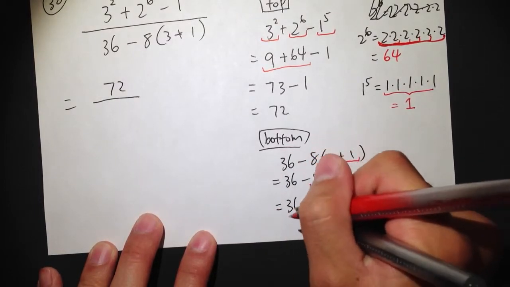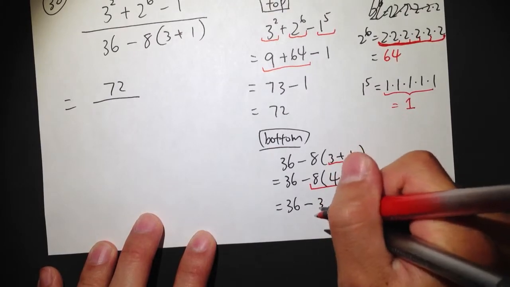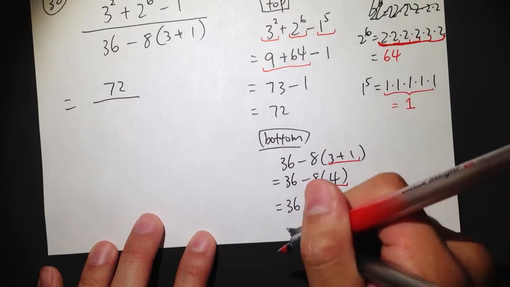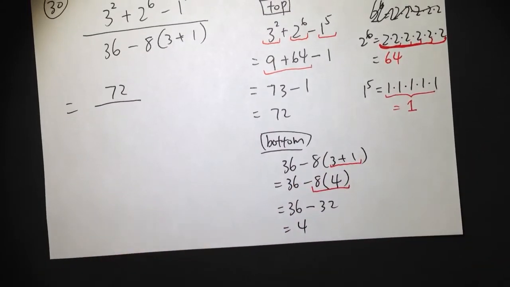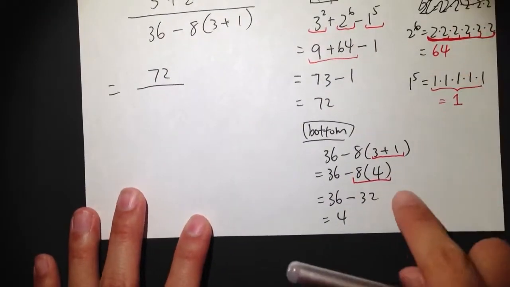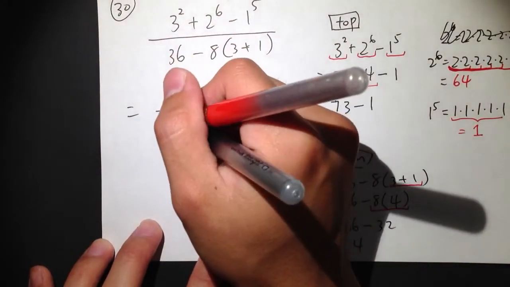So the 36 stays the same. Bring down the minus. 8 times 4 is equal to 32. Lastly, 36 minus 32 is of course just equal to 4. So 4 is the result of the bottom. Let's put it down right here.